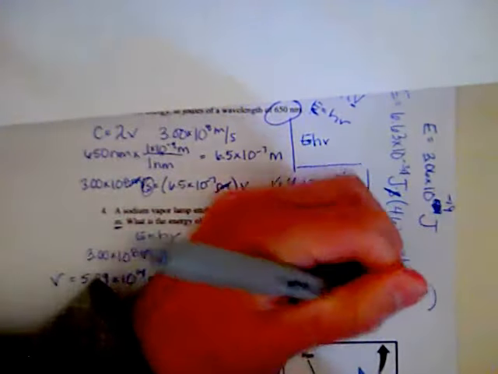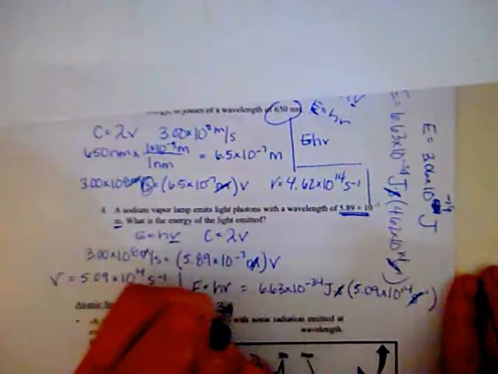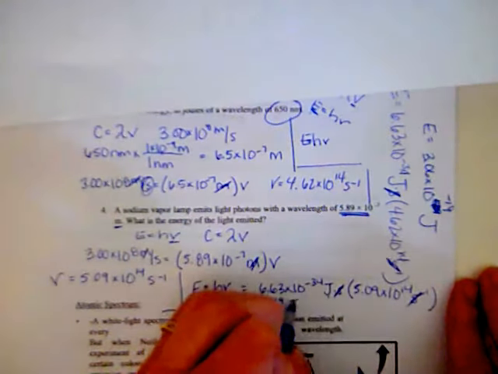Here, my seconds will cancel, and I'm left with just joules. And so I'm just going to multiply the two. So I got 3.37 times 10 to the negative 19th joules, because joules is the only thing left over. And that's it. That's the only math that we're doing.